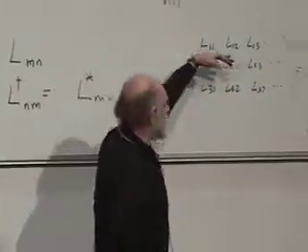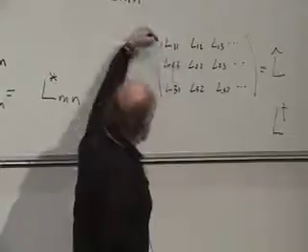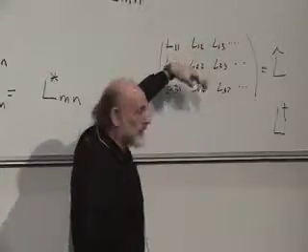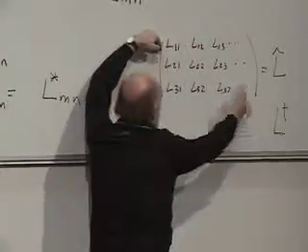That's the same as interchanging rows and columns, and it's also the same as reflecting the matrix about the diagonal.